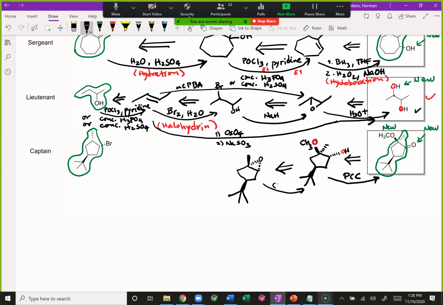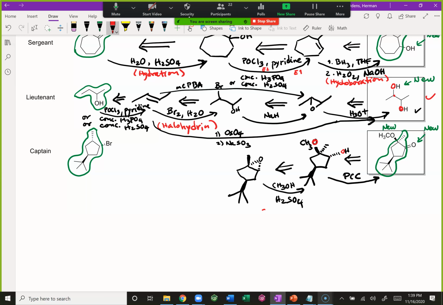So you add methanol, and you're forced to do it under acidic conditions here. Notice that you want to add the nucleophile at the most substituted carbon, which is the carbon that has the methyl group. Sulfuric acid.